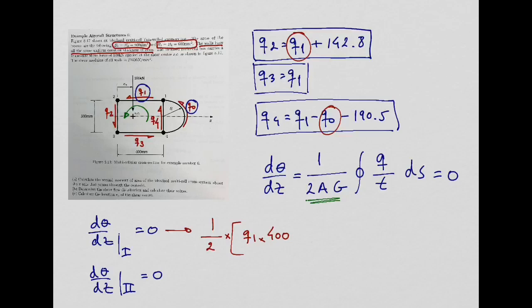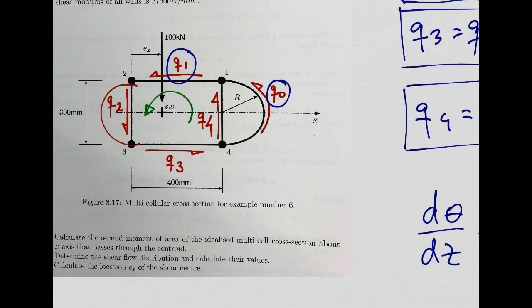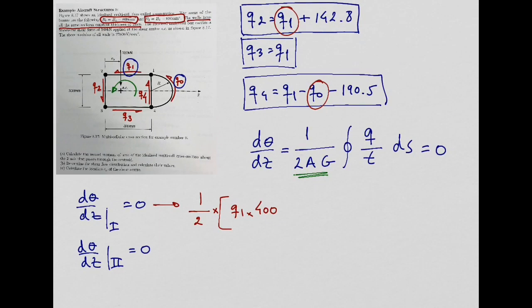Now for the next wall, where we have Q2, right? We can replace Q2 by this equation we have here for shear flows. So we will have plus Q1 plus 142.8 times the length of that wall, which is 300 millimeters.